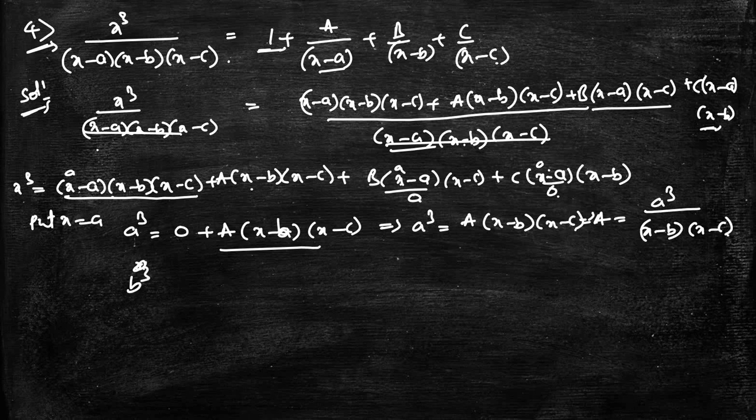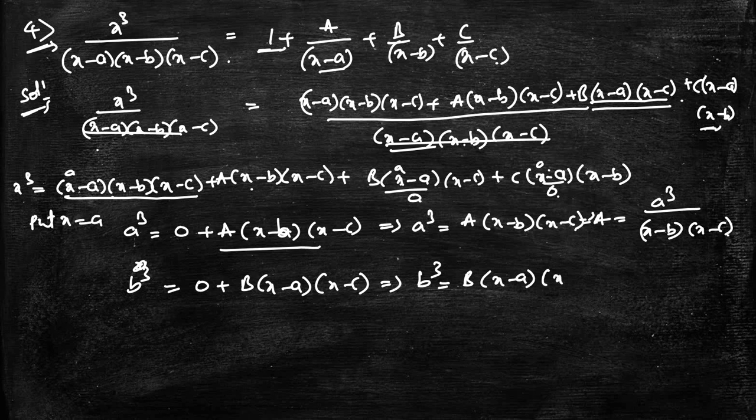Similarly, b cube also will get as 0 plus b into (x - a)(x - c), so we can write b cube is equal to b into (x - a)(x - c), so b is equal to b cube divided by (x - a)(x - c).